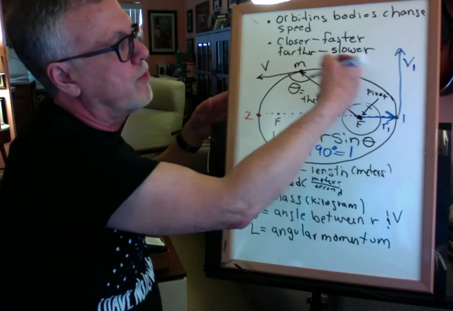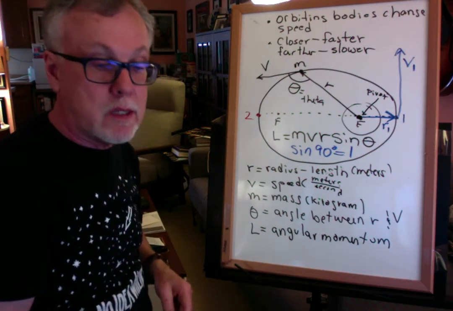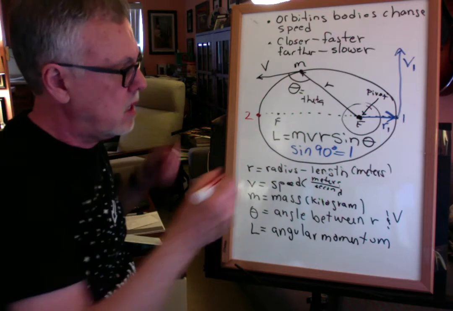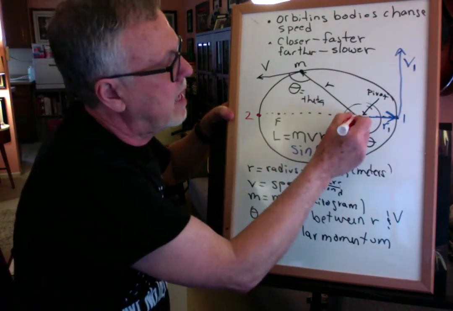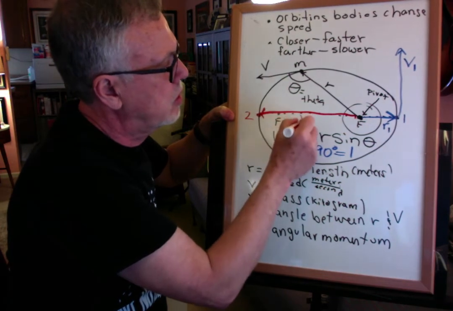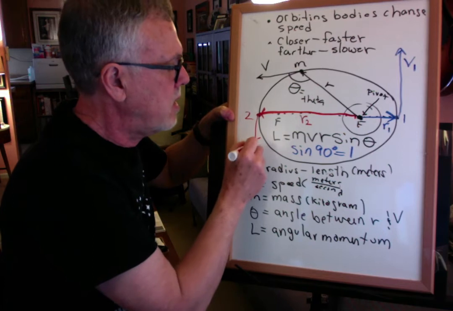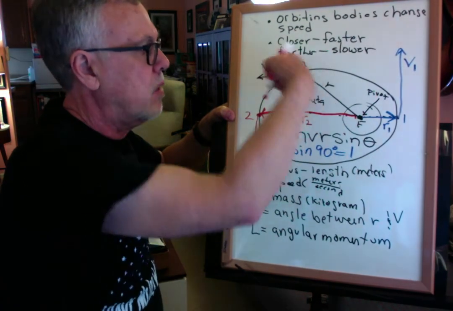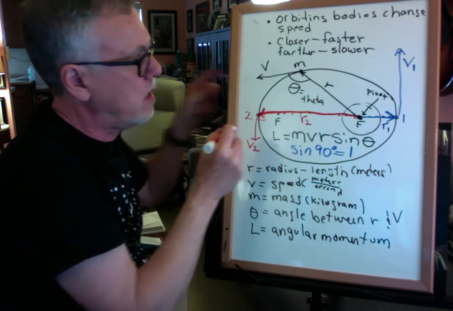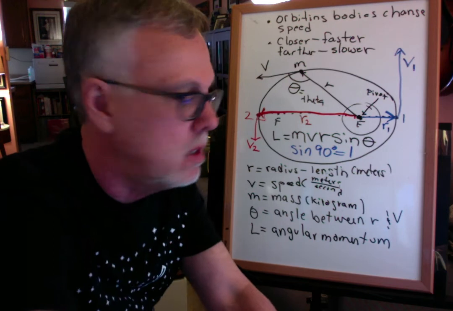Now then it moves around. The distance R is getting bigger, but the speed is getting smaller. And so out here, what I find is that at point 2, here is my R2, and my speed at this point is V2. So it's coming around, moving down at that point. And again, this is at 90 degrees, and the other angle is also 90 degrees.